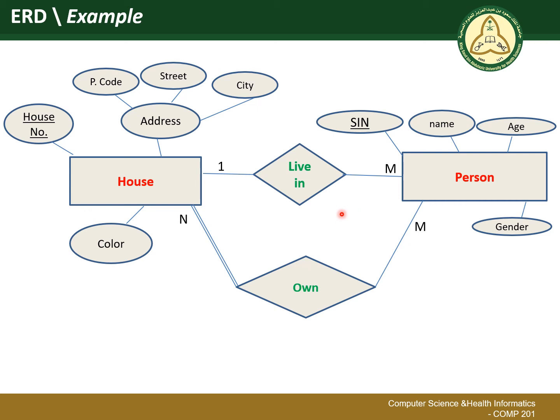Also, the other relationship, own, which is a verb and represented by the diamond. Each person may own 0 or more, so each person can have 0 or more, many, and every house is owned by at least one person.